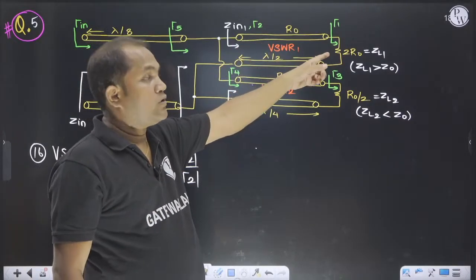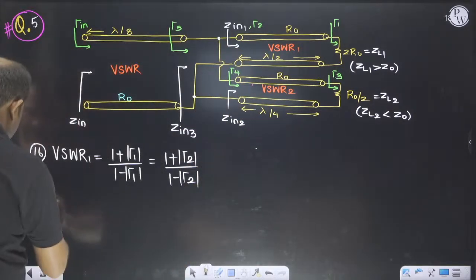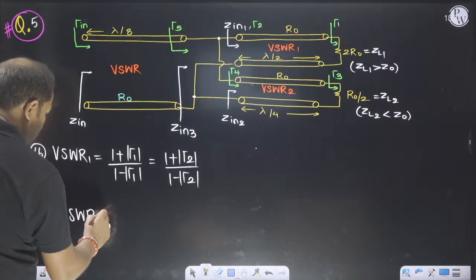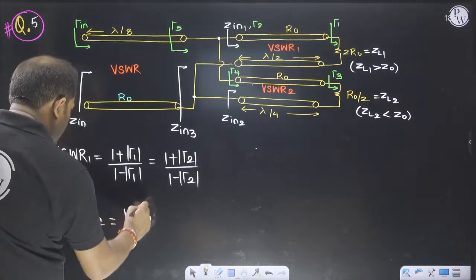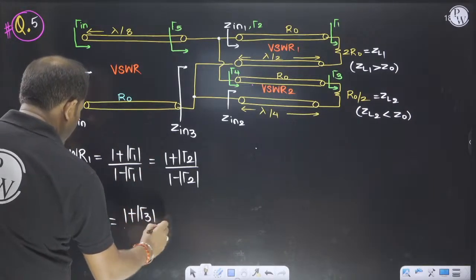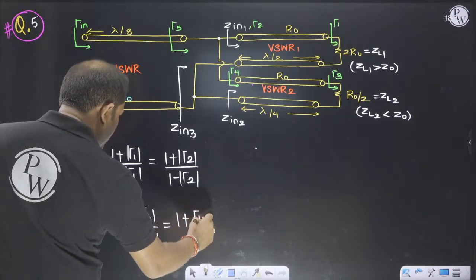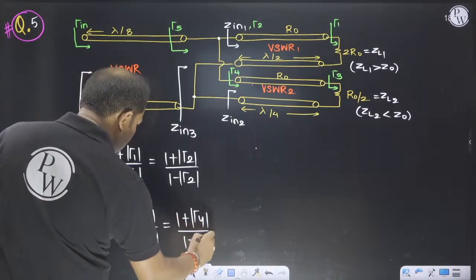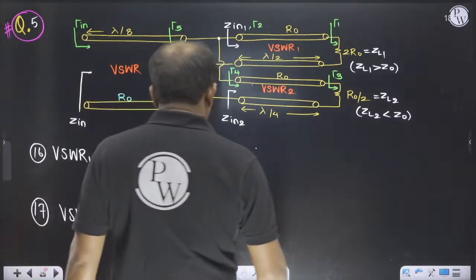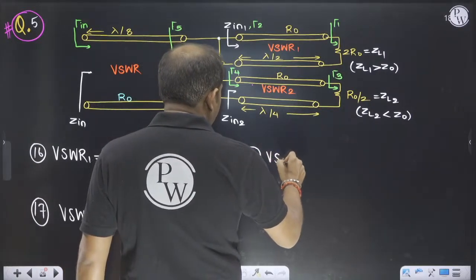So you can write it in terms of gamma 1 or gamma 2. For VSWR 2, it will be 1 plus mod gamma 3 upon 1 minus mod gamma 3, or 1 plus mod gamma 4 upon 1 minus mod gamma 4. In lossless transmission line, VSWR does not depend upon distance. In lossy it depends. Always remember.